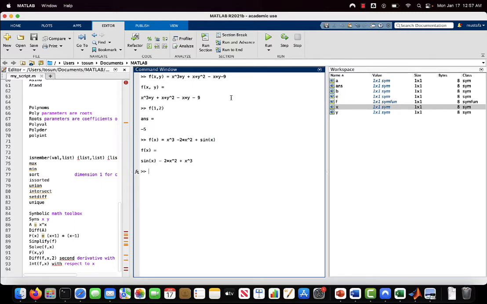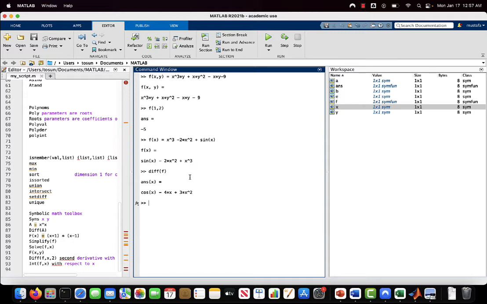And to differentiate that function, I can use the diff function, and I will give my f function as a parameter in here, and the result will be the first derivative of my function.